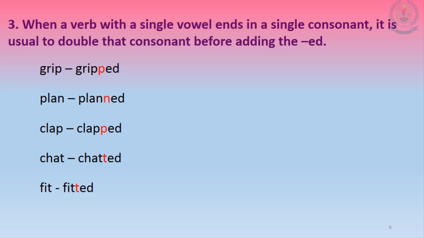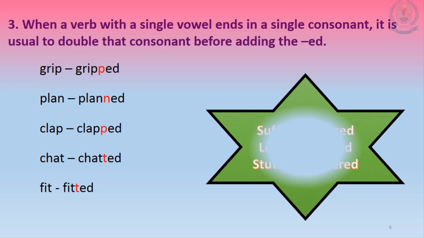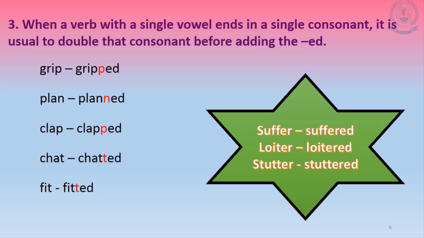So it's very easy. How can you find the correct rule? You need to pronounce the verb. Now when we pronounce the word clap, ap, it's a short vowel sound. It's a monosyllabic word. So we can double the last letter and we can add ed. But there are some exceptions.